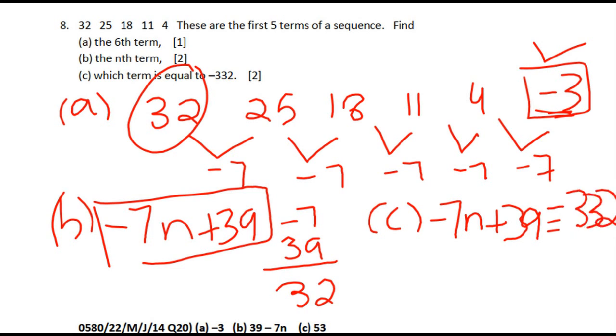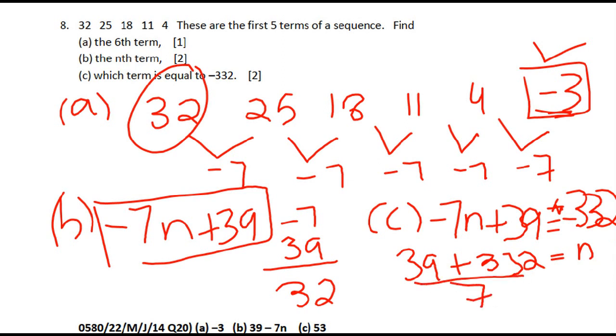So rearrange and simplify, so we get 39 plus 332. 7n will go to the other side, and then we'll bring 7 to the denominator. So this should give you 53. So n equals 53.